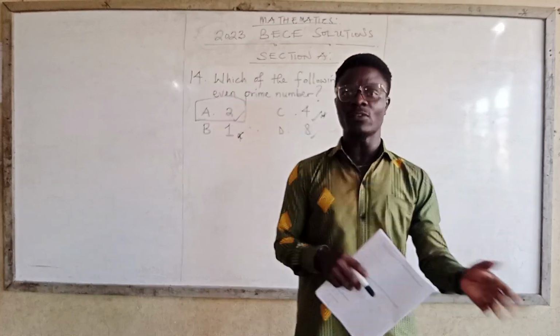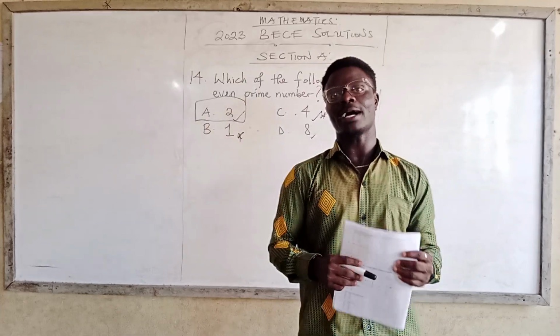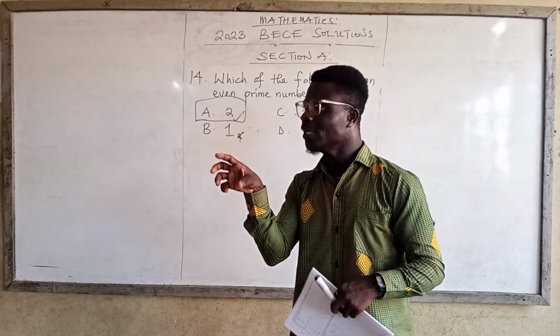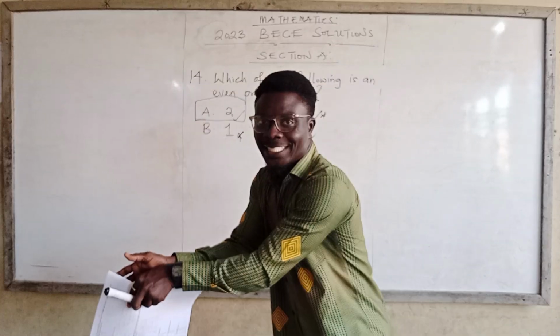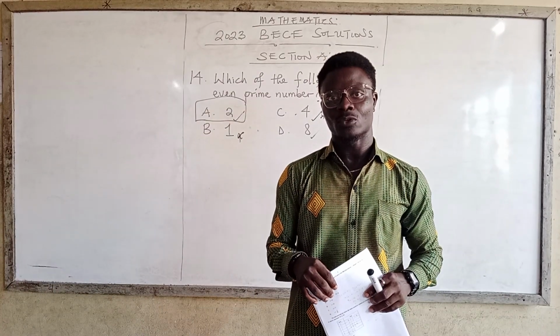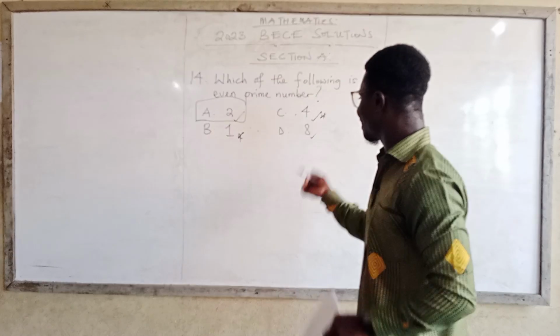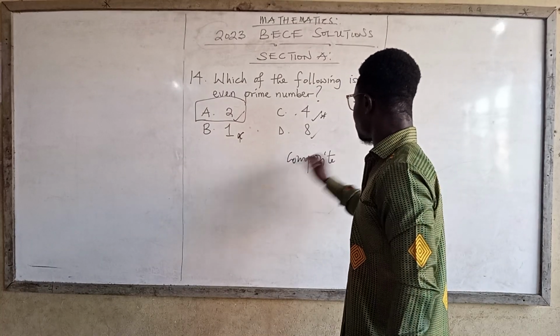Don't forget, I can give you another one. Odd composite number, which means that you must be what? A composite number. After being a composite number, we take you to be what? An odd number. Do you understand that? So odd composite number. Let's see composite numbers. What are composite numbers?